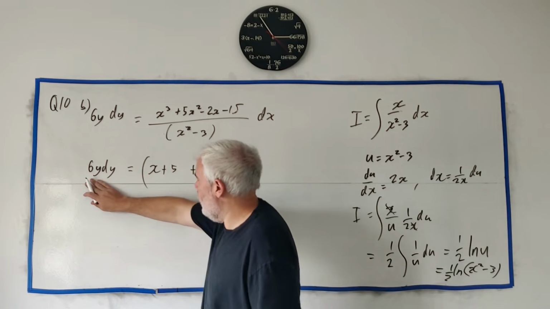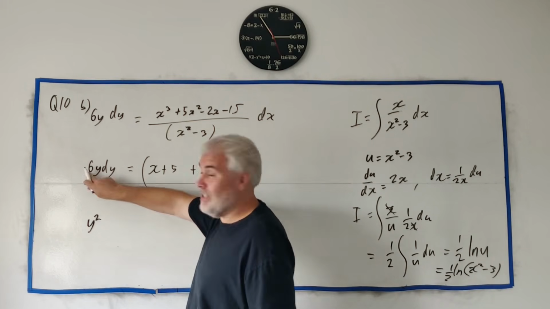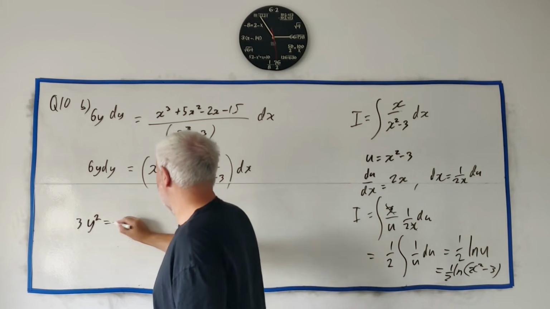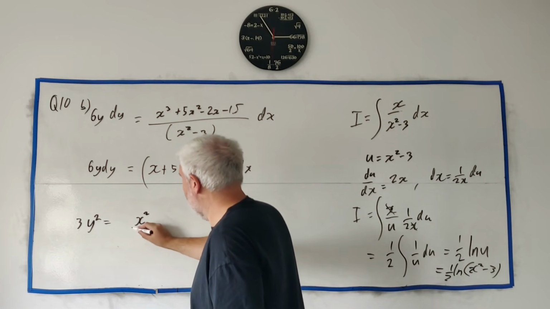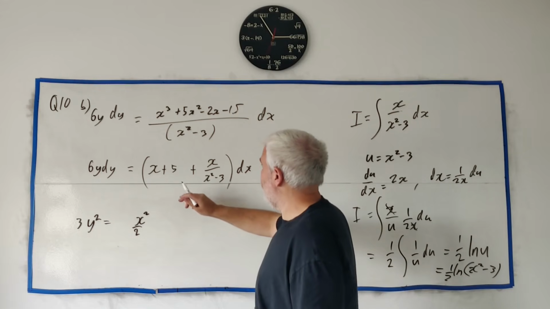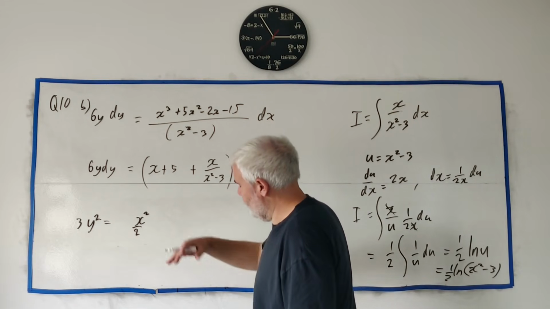So let's integrate everything now that we've done the hard work over there. So the integral is 6y. Y becomes y squared, divided by 2, so the 6 gets divided by 2 is a 3. X becomes x squared divided by 2, which we'll just divide by 2.